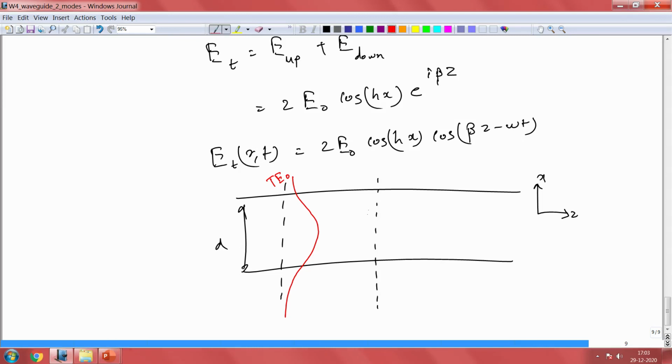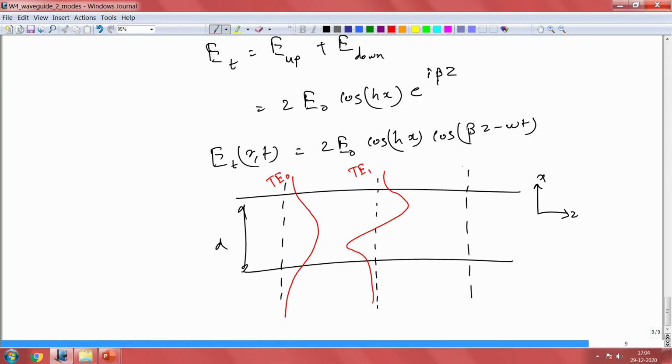It is basically an expansion of what we just saw. This is TE1, the first order mode, and then it keeps on moving.